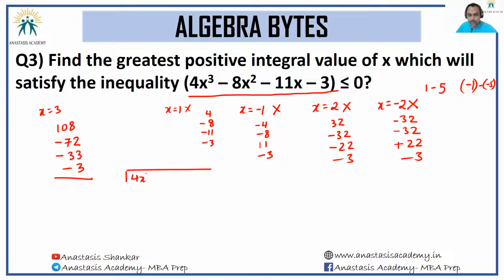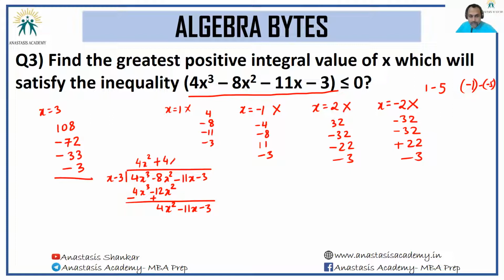I have 4x cubed minus 8x squared minus 11x minus 3 divided by x minus 3. So first I get 4x squared. So 4x cubed minus 12x squared, minus, plus, gives 4x squared minus 11x minus 3.